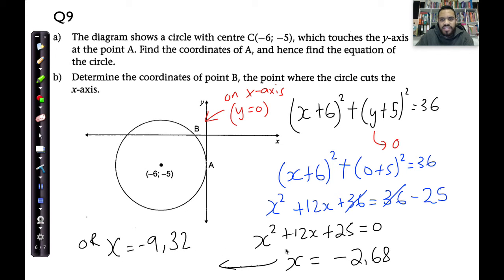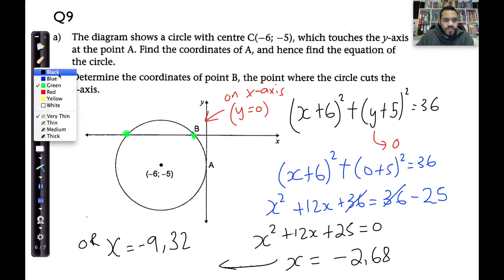Well, you can see you get these two solutions, and now you've got to pay attention to what's actually happening over here. Can you notice that both values are negative? Because there's actually two places where the circle cuts, or where y is equal to 0, and that's that green point over there, quite bright, and this point over here.